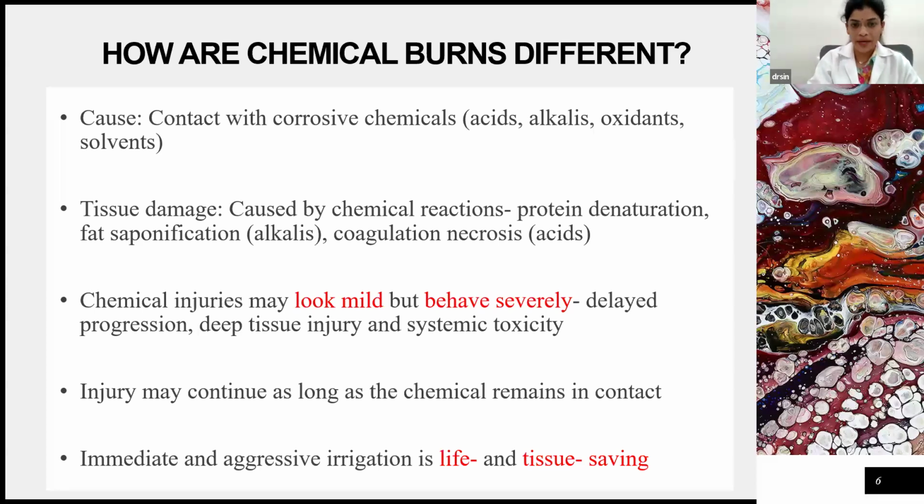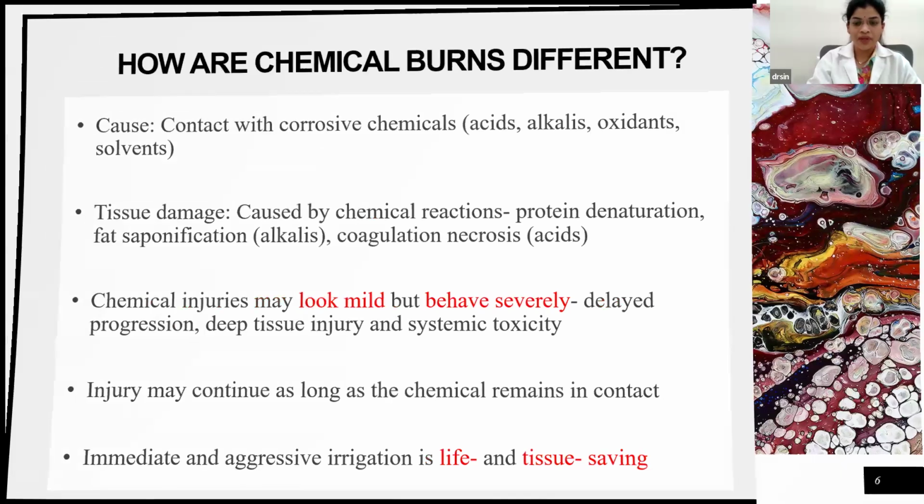Chemical injuries may look deceptively mild but behave severely due to their delayed progression, deep tissue injury, and systemic toxicity. The injury may continue as long as the chemical remains in contact. So immediate and aggressive irrigation is life as well as tissue saving in chemical burns.